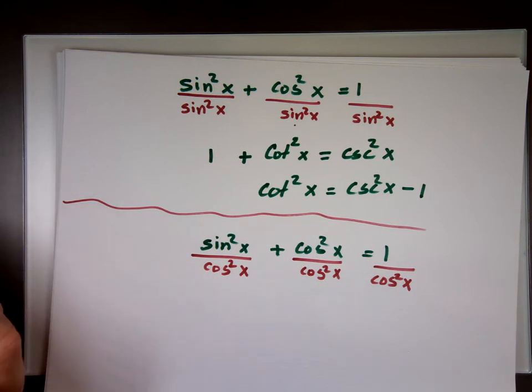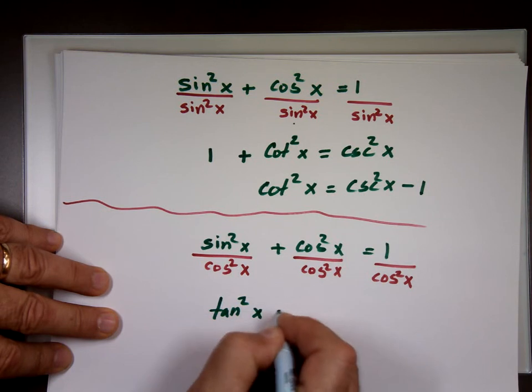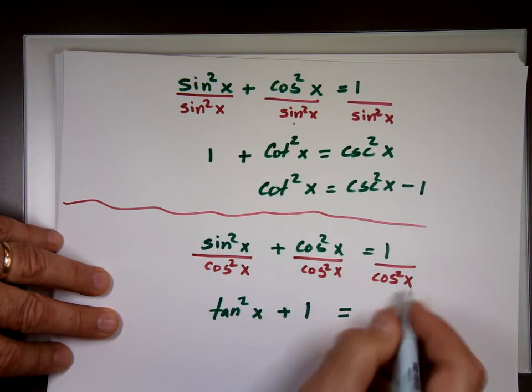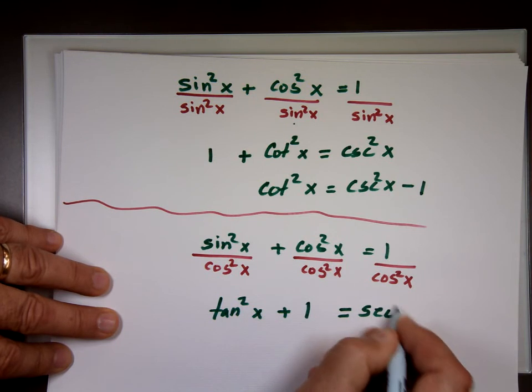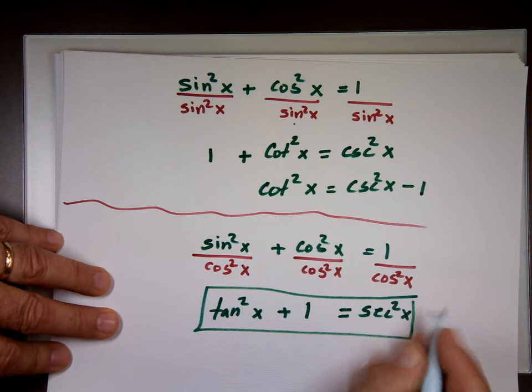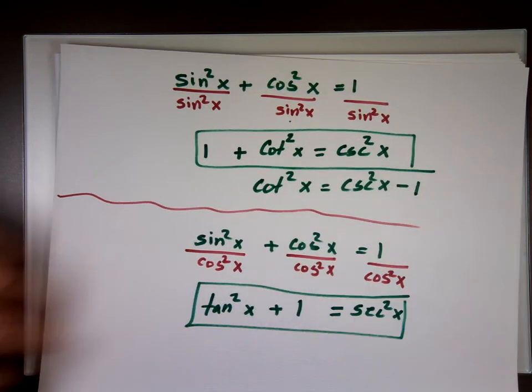Tangent squared. What's cosine squared over cosine squared? What's 1 over cosine squared? So there are a few trig identities that tie together the secant, the tangent, the cotangent, and the cosecant. And they all came from the basic one, sine squared plus cosine squared is equal to 1.